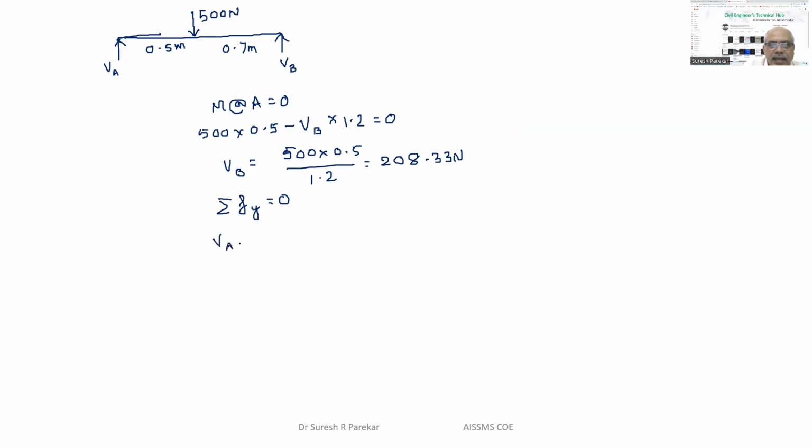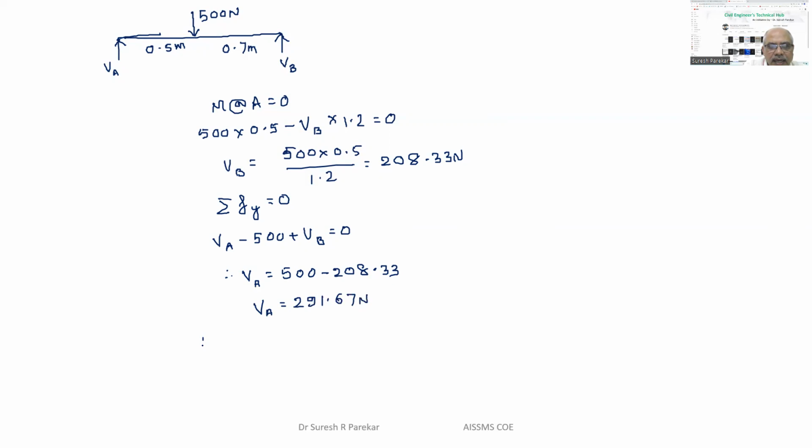So we have VA minus 500 plus VB, and that is equal to 0. And from this we will get VA equal to 500 minus 208.33. And from this we will get the value of VA, that is equal to 291.67 Newton.